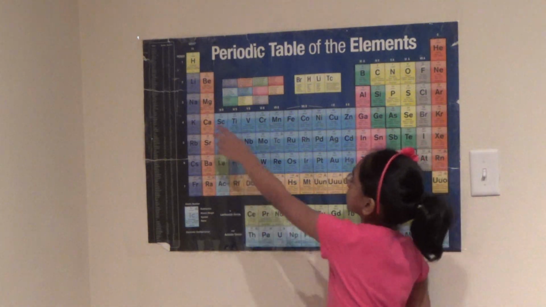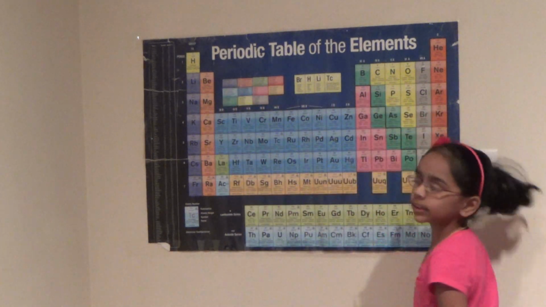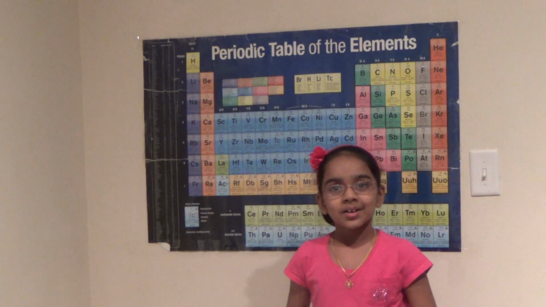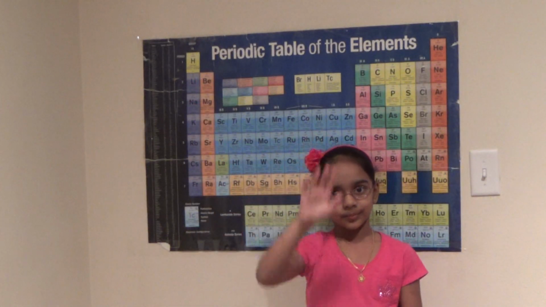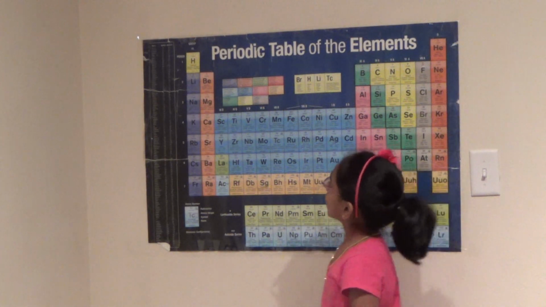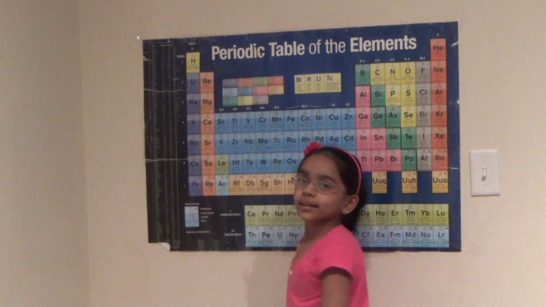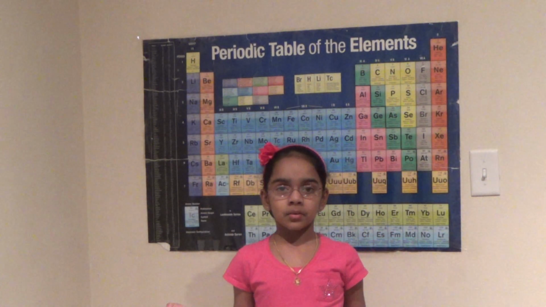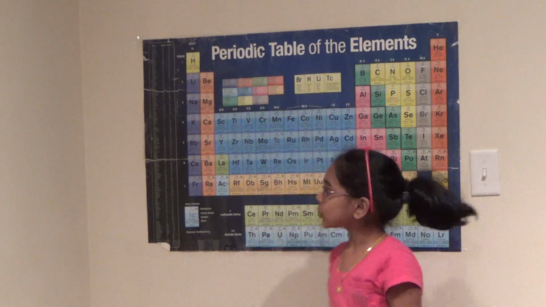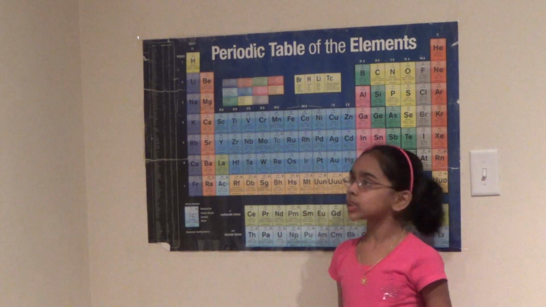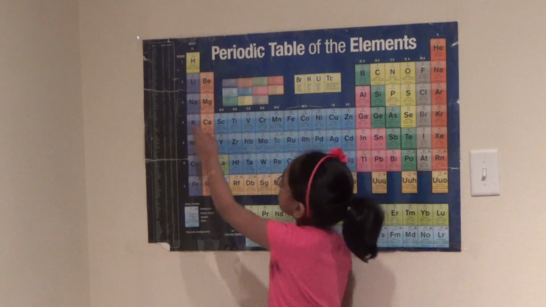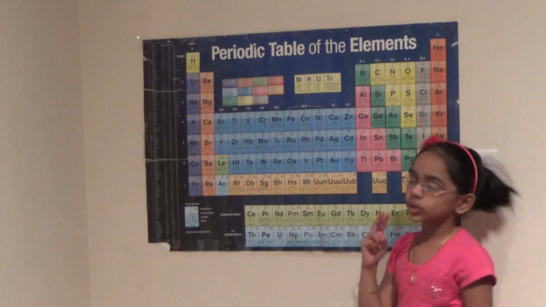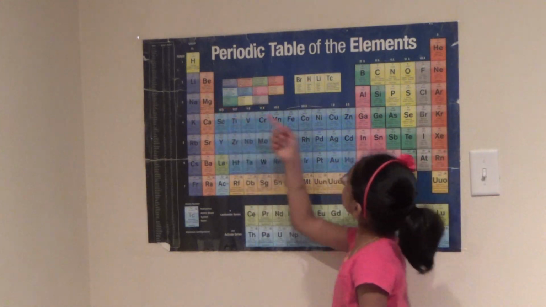Like, for example, period 1 is hydrogen and helium. And then we have groups which are classified vertically, like group 1A. Let's just briefly talk about the periods. So we have period 1, which contains only 2 elements, hydrogen and helium.